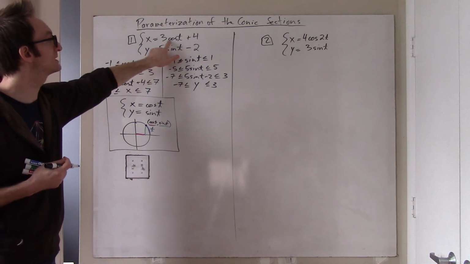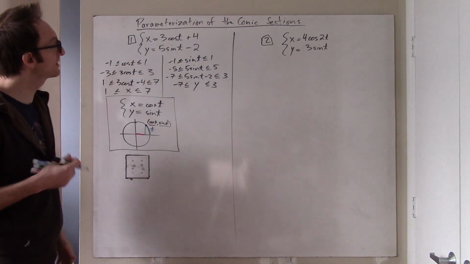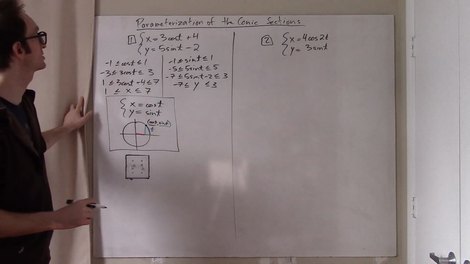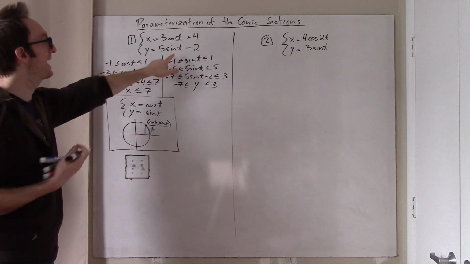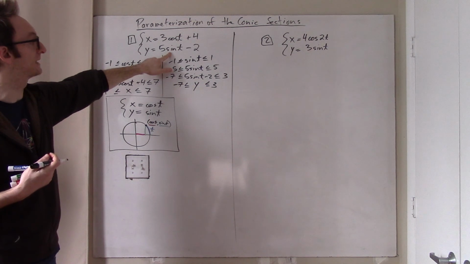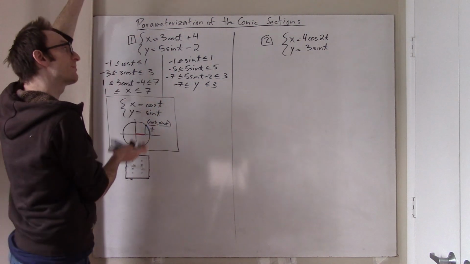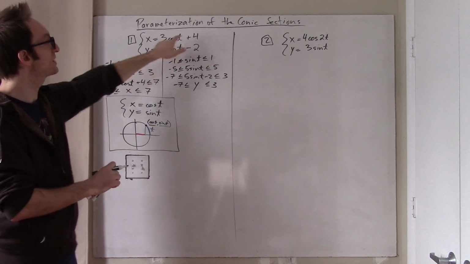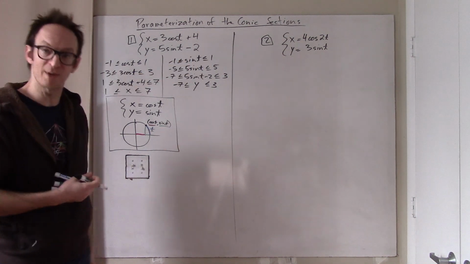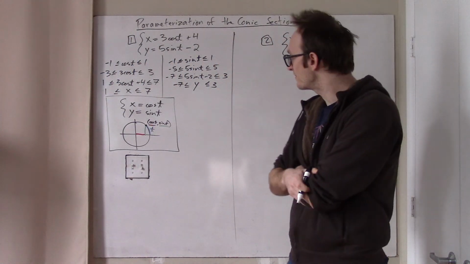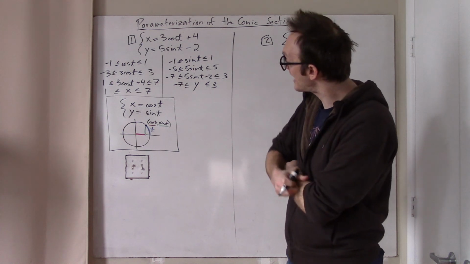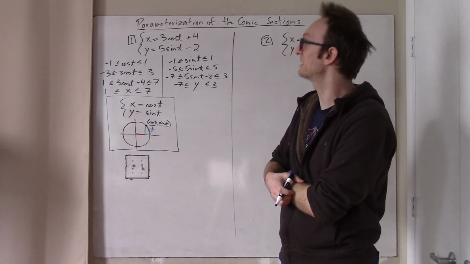What is 3 cosine t? That's going to be like a circle, but which has been stretched out horizontally by a factor of 3. And this is like a circle, but the y-coordinate has been stretched out by a factor of 5. And also the x-coordinate and the y-coordinate have been shifted by some amount. So this is all coming together, and maybe this is so obvious that it doesn't need to be said, but this is going to be an ellipse.